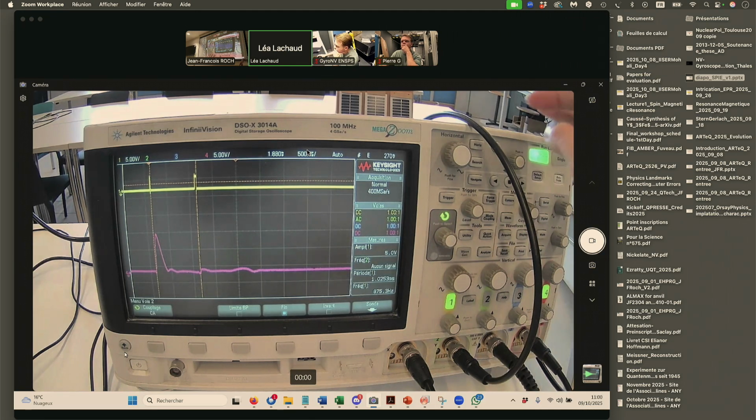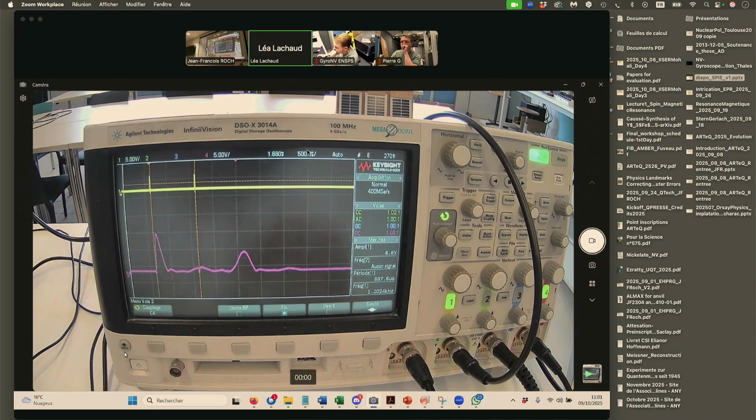And I can tune again the duration of the second pulse so that I get another pi-half pulse, right? So here again I'm looking for the pulse duration which makes the spin response maximum. When I have it, I put my two signals together.